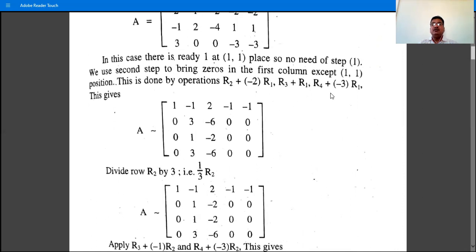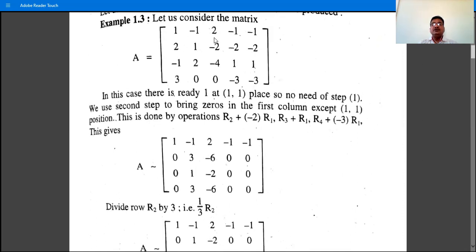After these three operations, there is no change in the first row. The change is in the second row. Multiply the first row by -2: -2 plus 2 is 0. Then -2 into -1 is +2, plus 1 is 3.